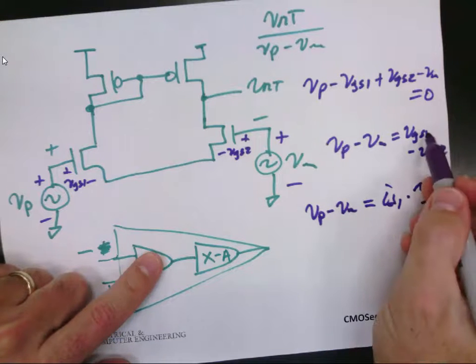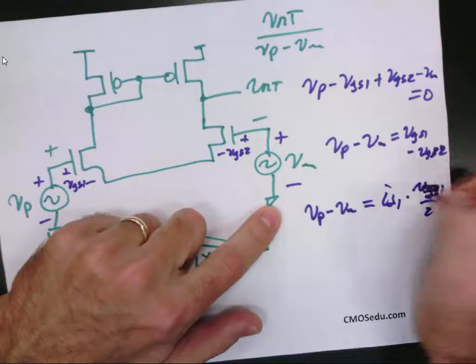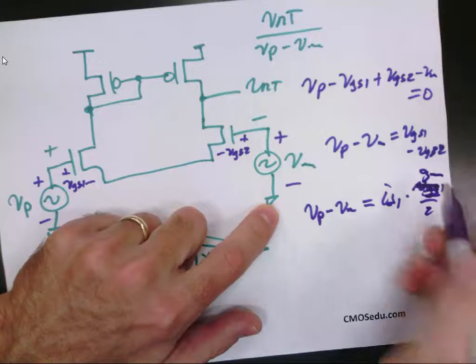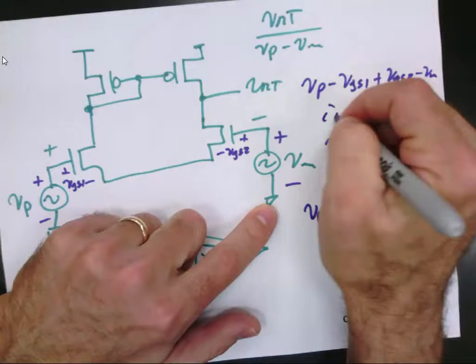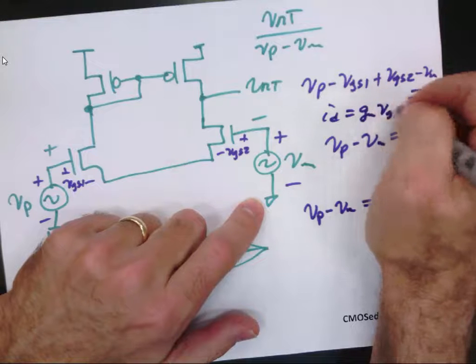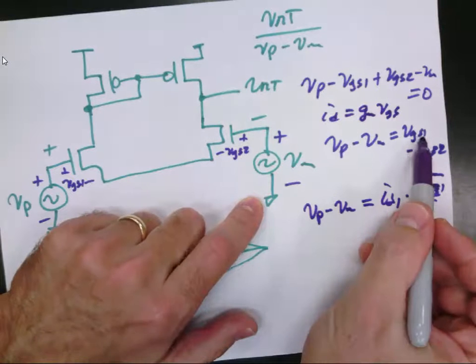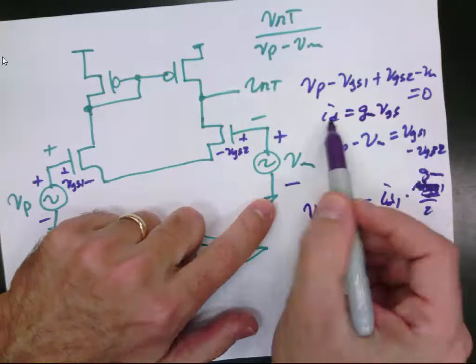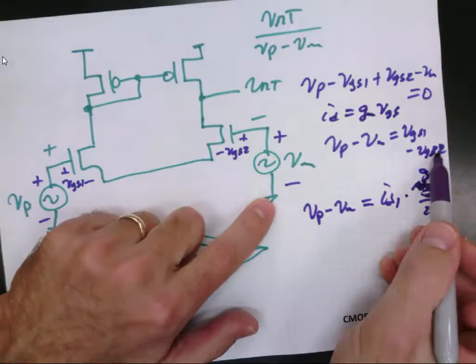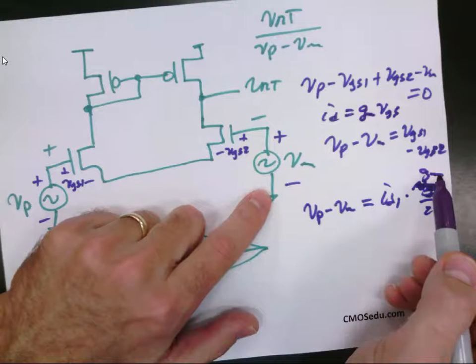Let's see if I did that right. I got this is not this, it's GM. I got ID is equal to GM VGS. So if I substitute the VGS's in here, I get ID over GM. I'm sorry, I get ID1 over GM1 and ID2 over GM2. Does everybody agree with that?